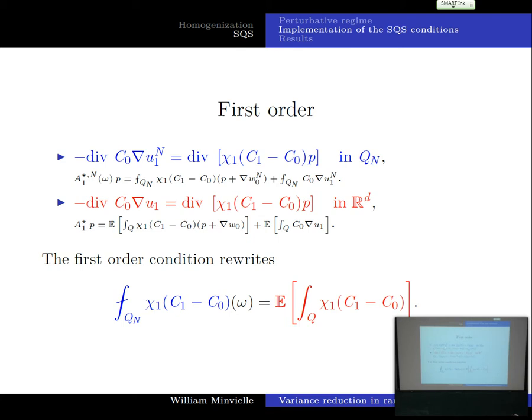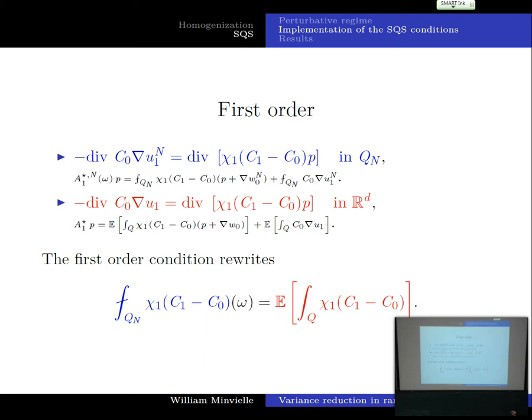And so I recall the formula of the first order correction matrix. It turns out that since this is periodic, and this is a constant, I can just smuggle this little C0 out of the integral, and this cancels out.